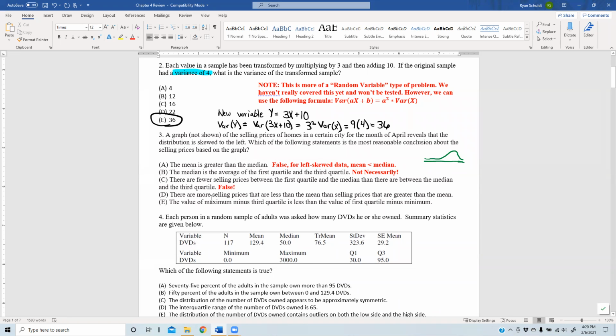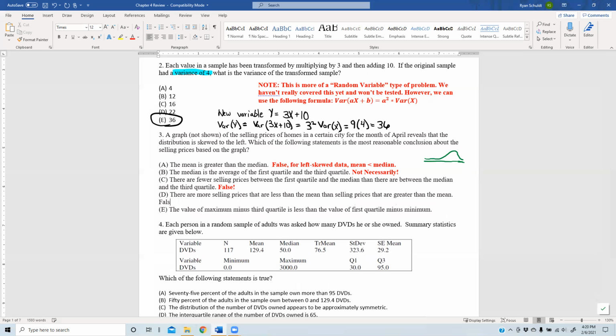D, there are more selling prices that are less than the mean than selling prices that are greater than the mean. Well, again, this would be false. I'm going to say same comment as A, because it's false for the same exact reason that A is false.